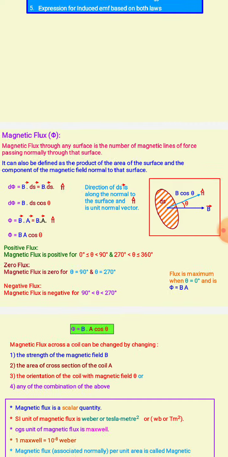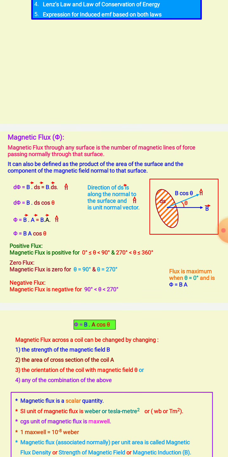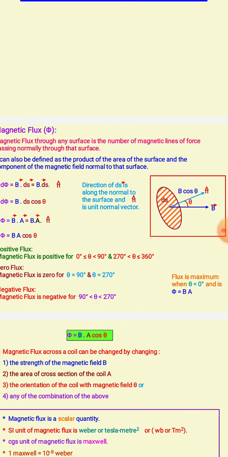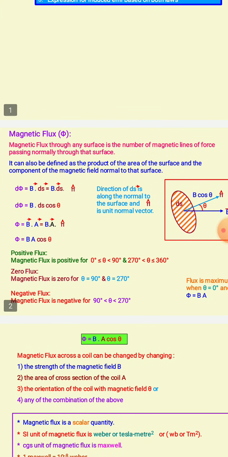Magnetic flux through any surface is the number of magnetic lines of force passing normally through that surface. Or we can also define it as the product of the area of the surface and the component of the magnetic field normal to that surface.